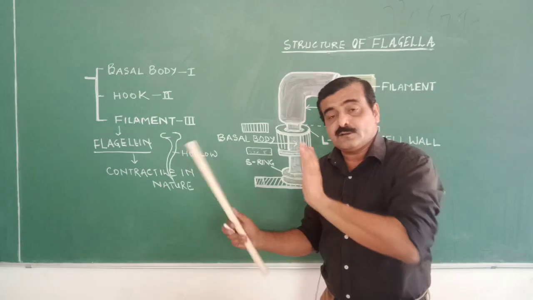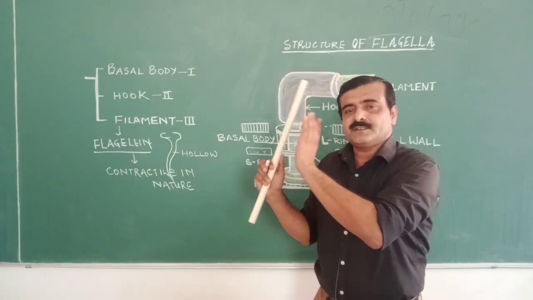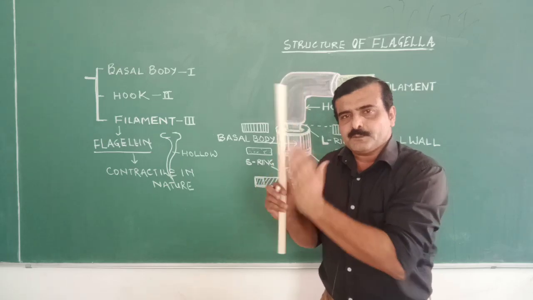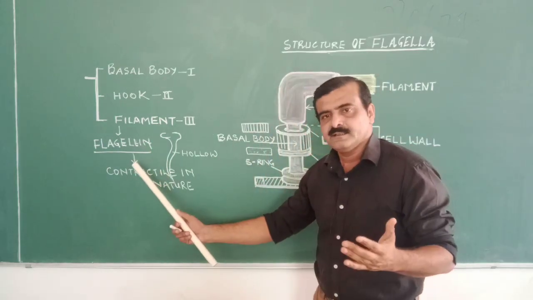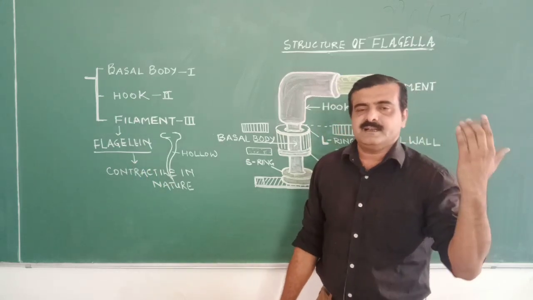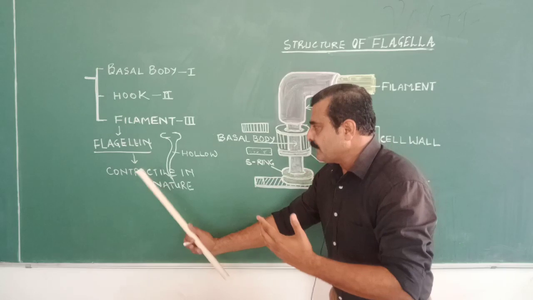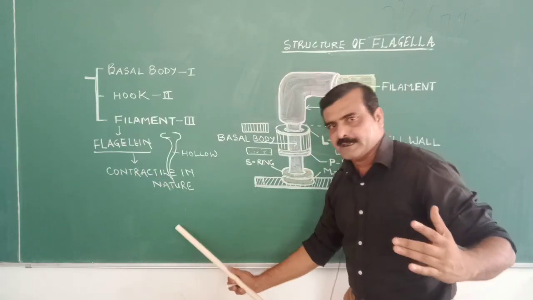Now the pili are small and long hair, which consist of a monomer protein called pilin, and here it is flagellin. So flagellin is contractile in nature because it takes part in motility.